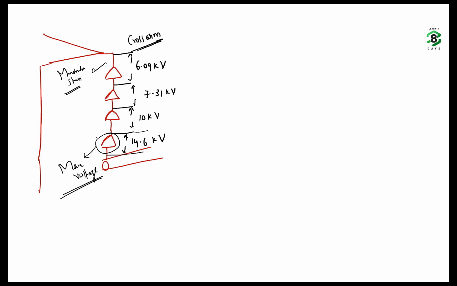We have to consider the maximum voltage. We don't know which insulator is going to be placed where. So for the operating voltage of every disk, we have to consider how much? 14.6 kV. And if I keep a factor of safety of 4, I have to design the insulator for roughly around 60 kV for the application.